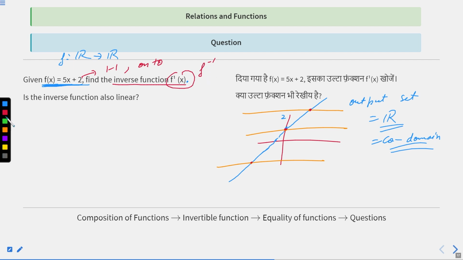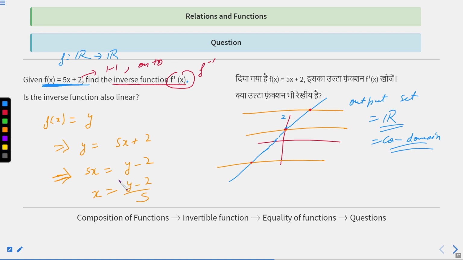In order to find the f inverse, what we need to do is just put f(x) equals y. This implies y is equal to 5x plus 2, and try to find x as an expression of y. It is quite easy. 5x is equal to y minus 2, x is equal to (y minus 2) by 5.